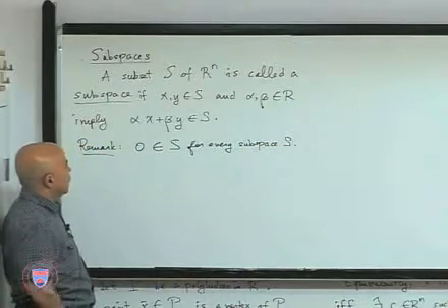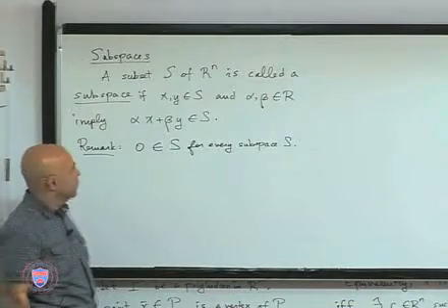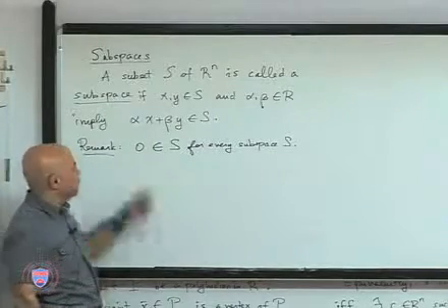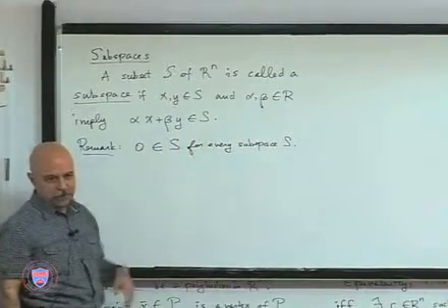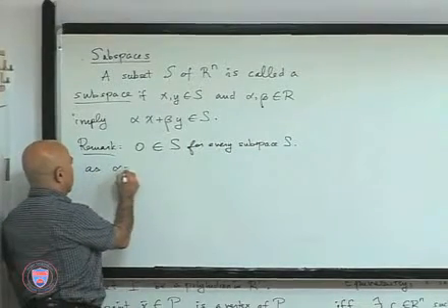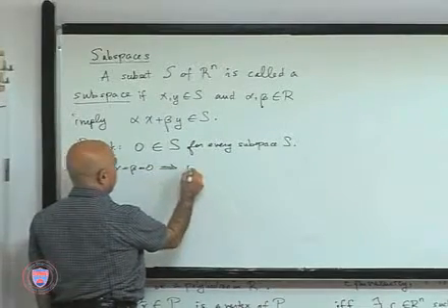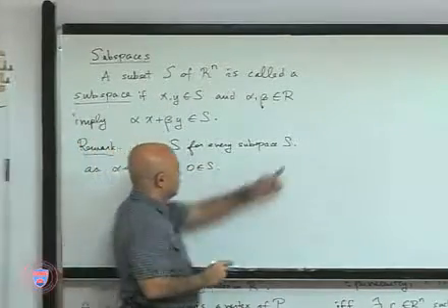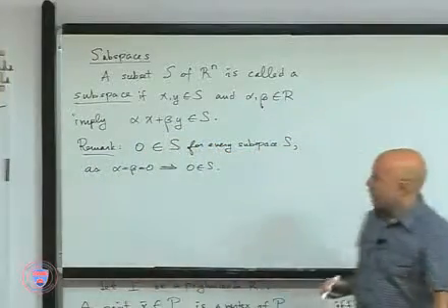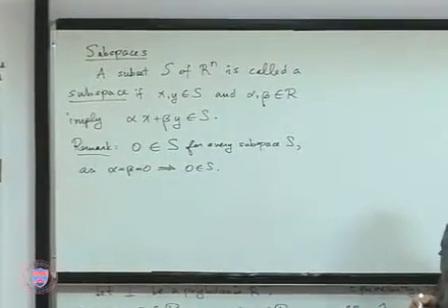Because regardless of which points x and y you pick in S, you can always choose alpha and beta to be 0, in which case you get 0, and it should be in S. Okay? So that's the way things are, and that's an important requirement. Okay?